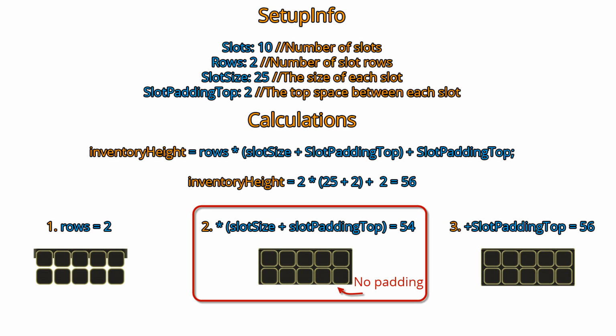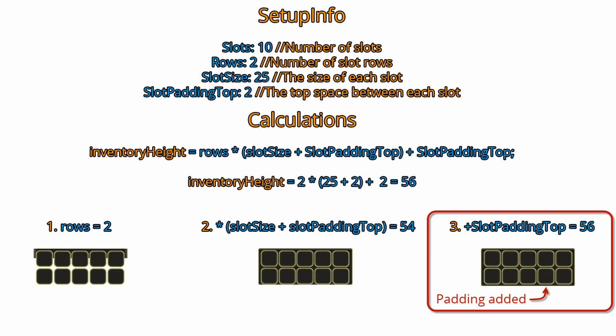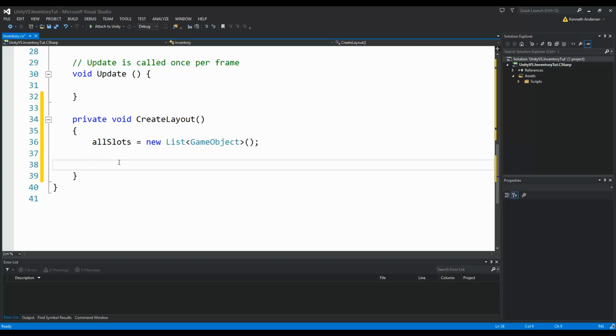We want the inventory to be a little bigger than the edge of the slots, so we add 2 to it, so we get 56. As before, you'll see that the inventory is bigger than the slots now, and we have encapsulated our slots in the middle of the inventory, so we get this feeling that the inventory contains all our slots. If we jump back into Visual Studio, we can try to write the code that I just explained.